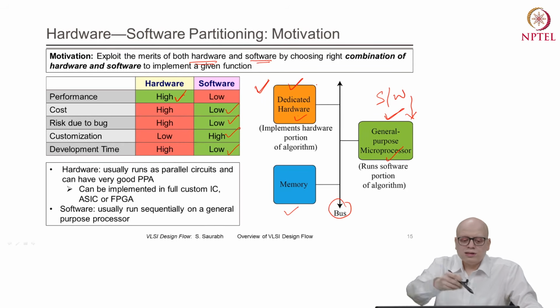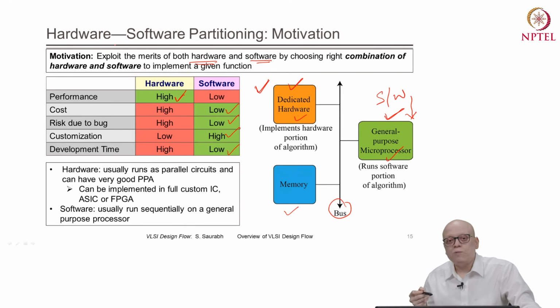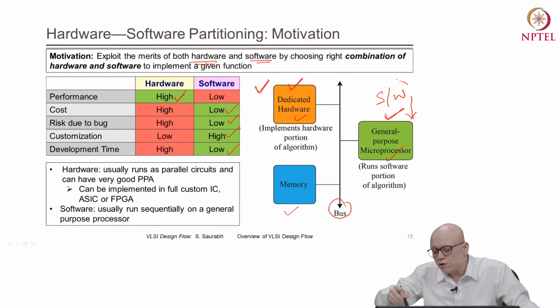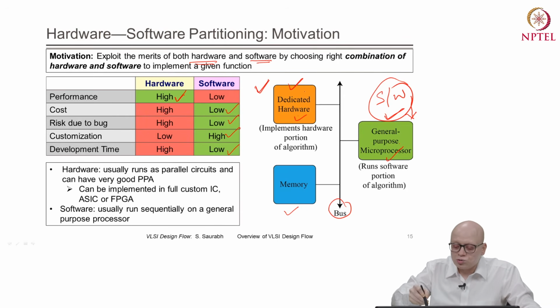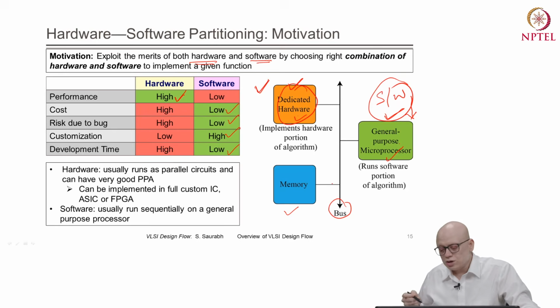Now the hardware software partitioning step tries to map the functionality which should go into the software part running on a general purpose microprocessor, and the functionality which should go into the hardware part, or multiple such hardwares or different kinds of hardware which will be hooked onto the system.